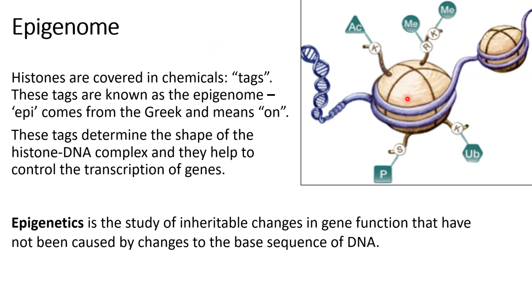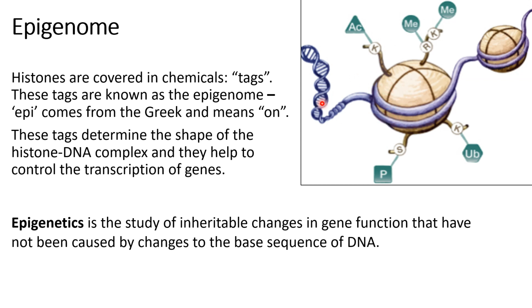This is our histone, and this is our DNA wrapped around it. On this histone, or on the DNA, we have chemical tags which are covering this complex. So chemicals can be attached to our DNA-histone complex, and this is called the epigenome.